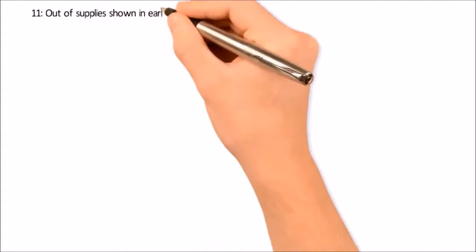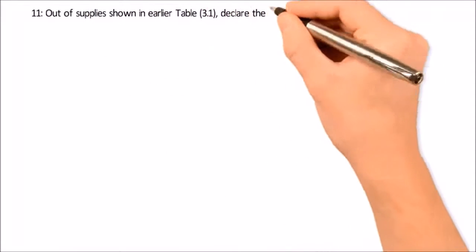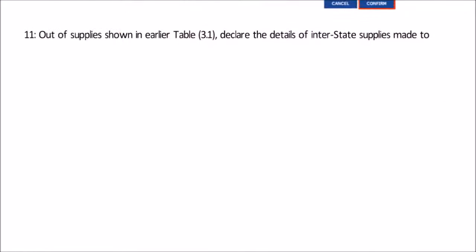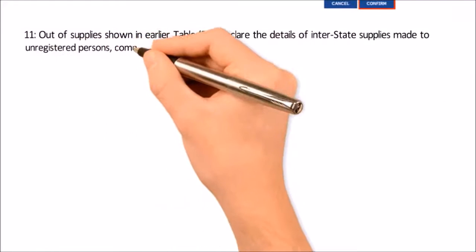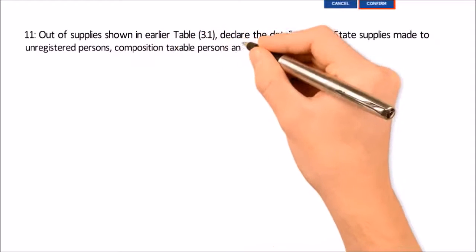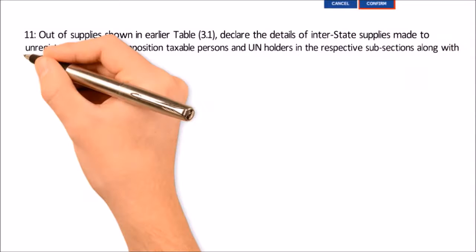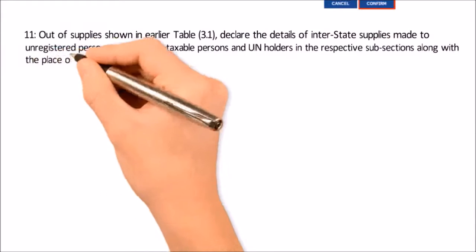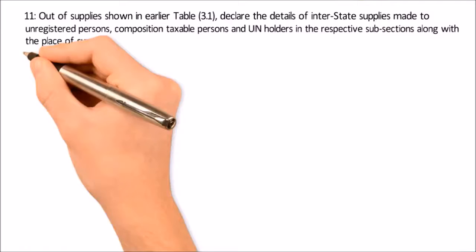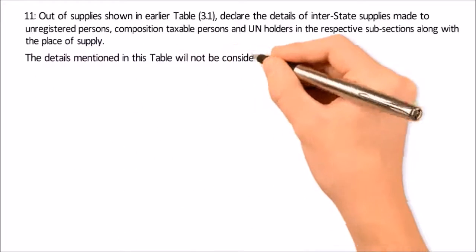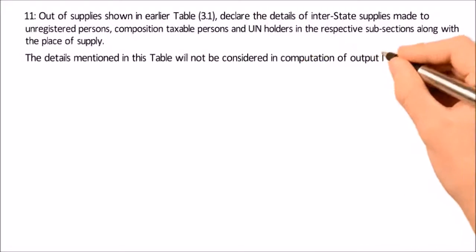11. Out of supplies shown in the earlier table 3.1, declare the details of interstate supplies made to unregistered persons, composition taxable persons and UIN holders in the respective subsections along with the place of supply. The details mentioned in this table will not be considered in computation of output liability.